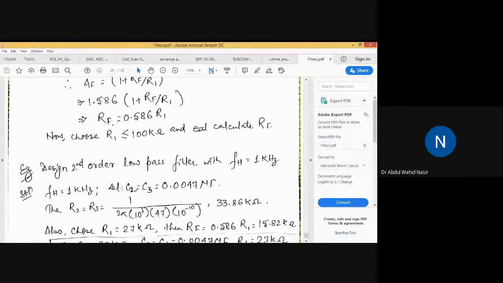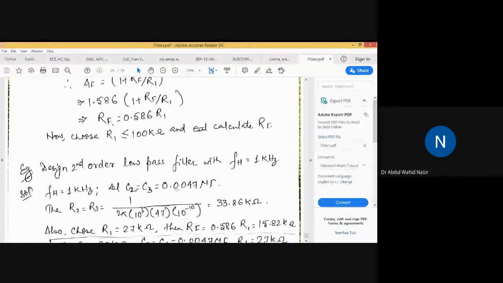Now let us take C2 equal to C3 equal to 0.0047 microfarad. As I already told you, in the design we have considered both capacitances to be equal, and the chosen value should be less than or equal to 1 microfarad. In this case, we have chosen C as 0.0047.